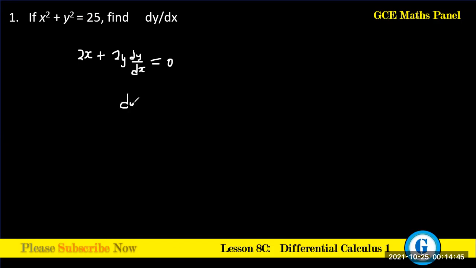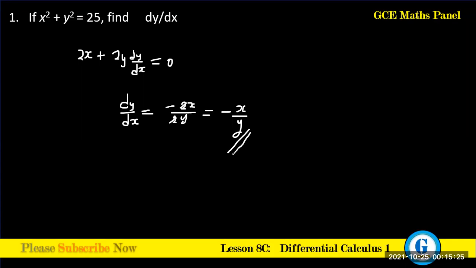And dy dx will be equal to, if you carry 2x, the right-hand side becomes minus 2x, and we divide that by 2y. Normally, the 2's will cancel out, and you'll be left with minus x on y. So this is what we have.